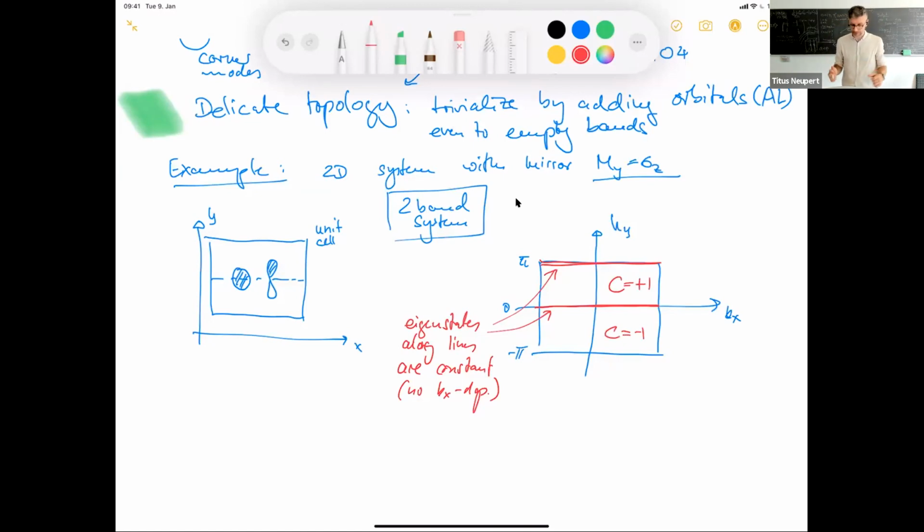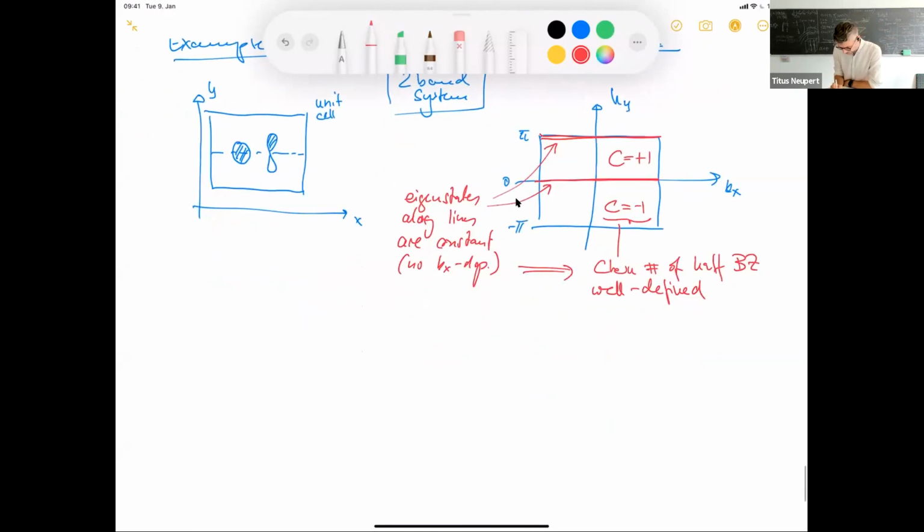But the Chern number of half of the Brillouin zone is well defined, and that's because of this. Of course, in most simple systems, it will be 0, but I can imagine systems where it's not the case. And so this is a topological invariant for this delicate system.